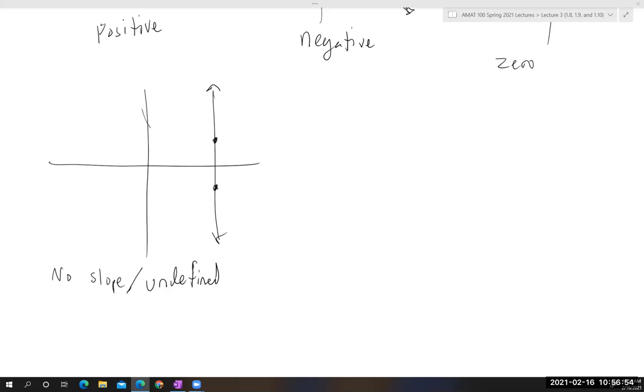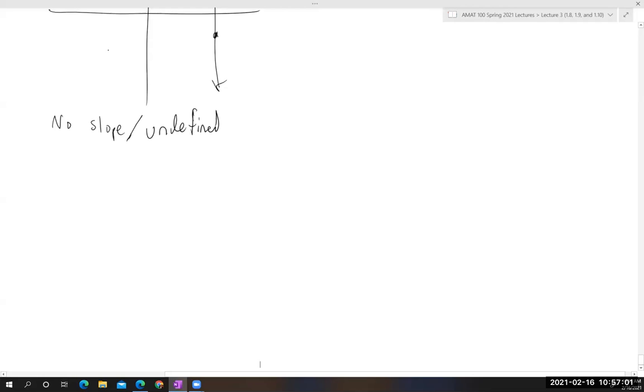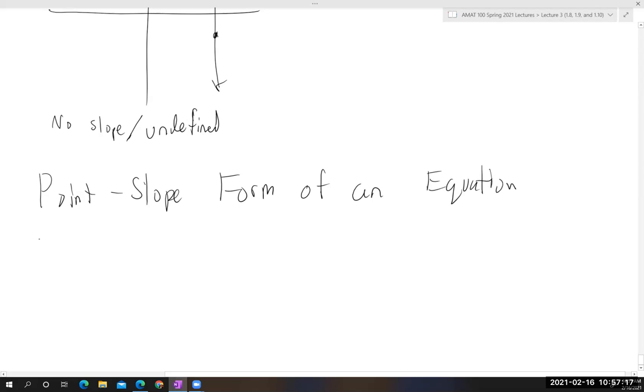Now that we have this notion of slope, which is a measurable quantity, you can just find that angle and get the slope. We want to talk about the point slope formula, or the point slope form of an equation. So here's the setup.